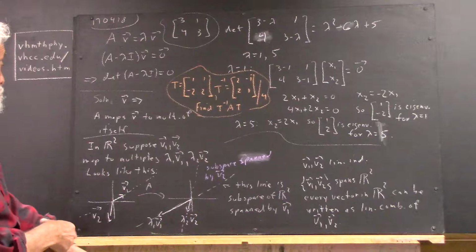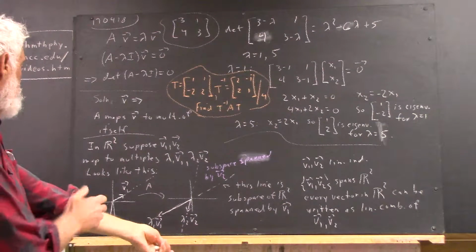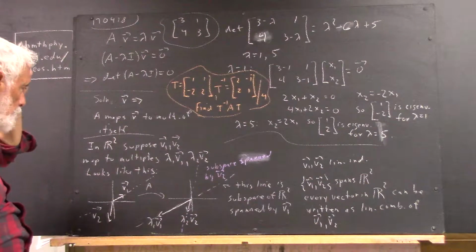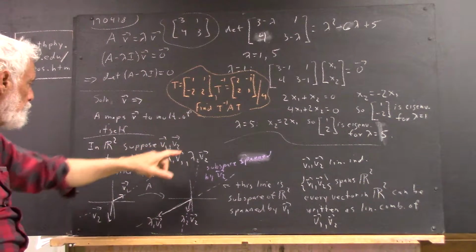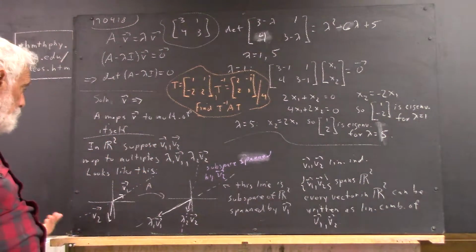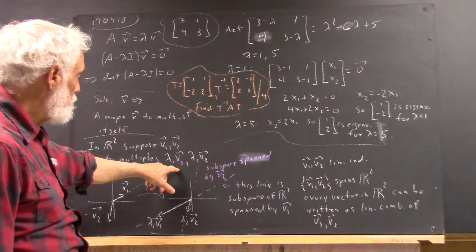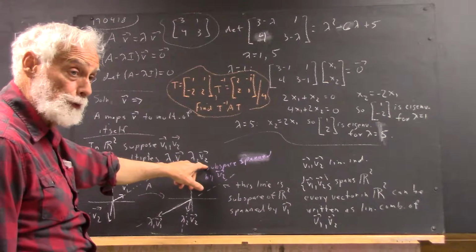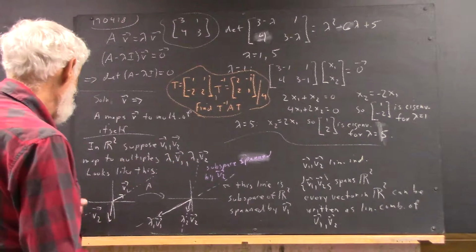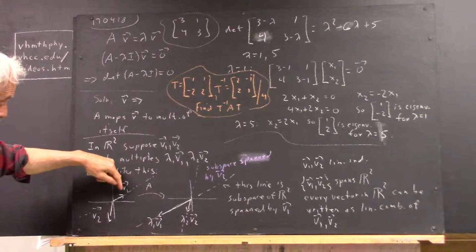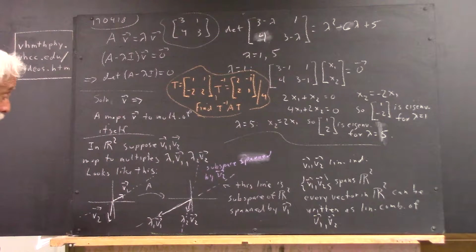So, for example, in R2, if you have a transformation where two vectors, v1 and v2, map to multiples of themselves, that would be v1 maps onto lambda 1 v1, v2 maps onto lambda 2 v2. In R2, that might look something like this, where v1 is a vector here and v2 is a vector here.